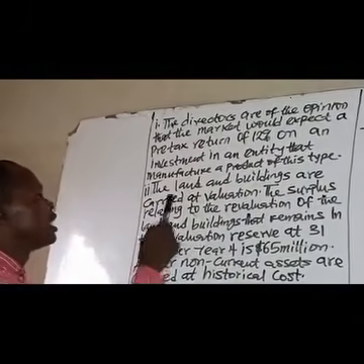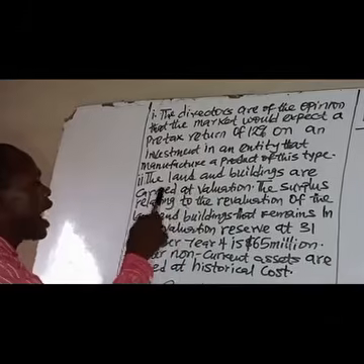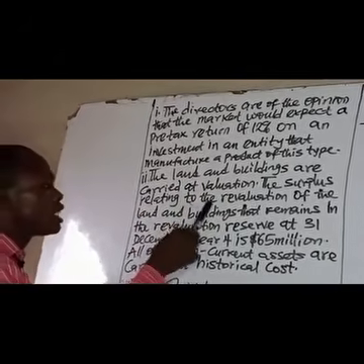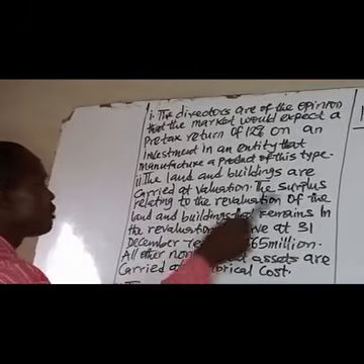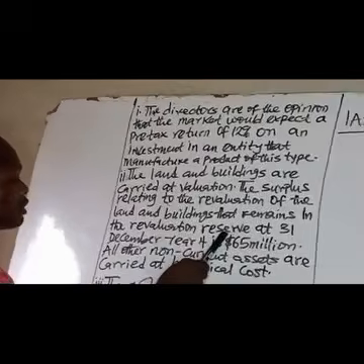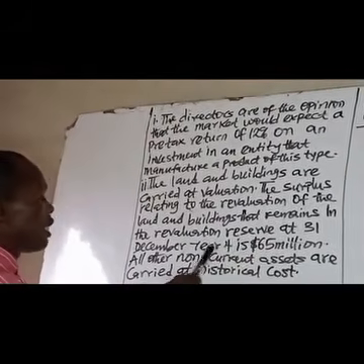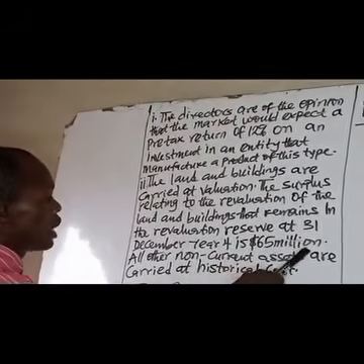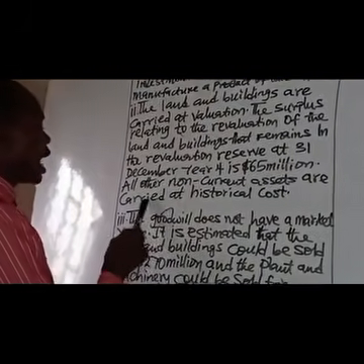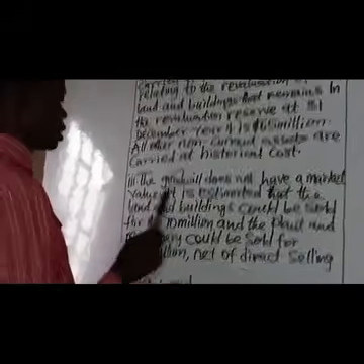Two, the land and buildings are carried at valuation. The surplus relating to the revaluation of the land and buildings that remains in the revaluation reserves at 31st December year 4 is $65 million. All other non-current assets are carried at historical cost.